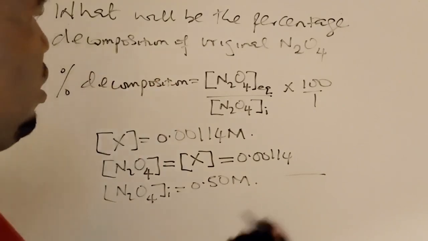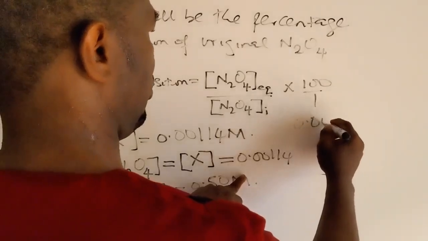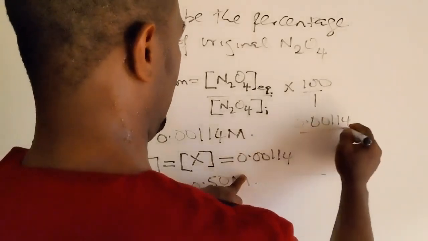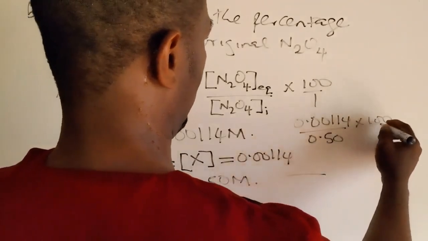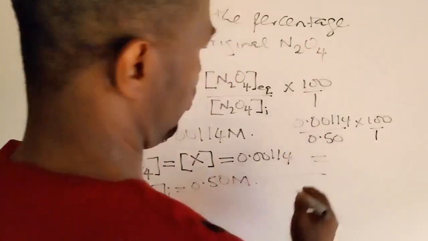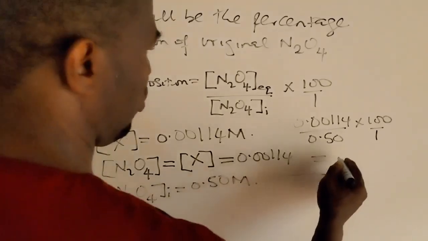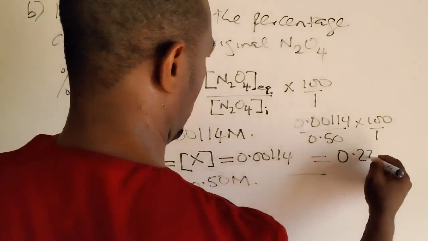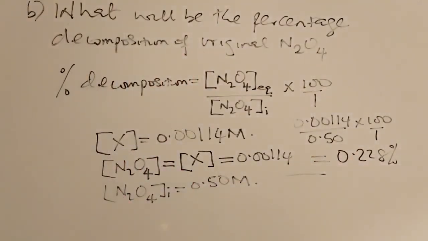We now have the equilibrium concentration, which is 0.00114, all over the initial concentration, which is 0.50, times 100 over 1. When we solve this, our final answer will now become 0.228. So the percentage decomposition of the compound is 0.228%.